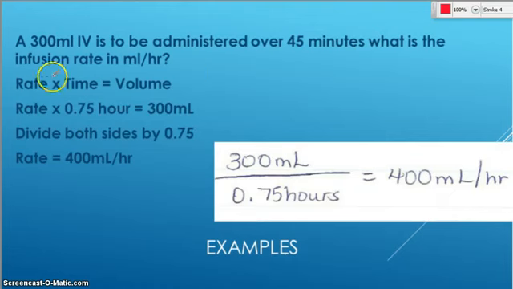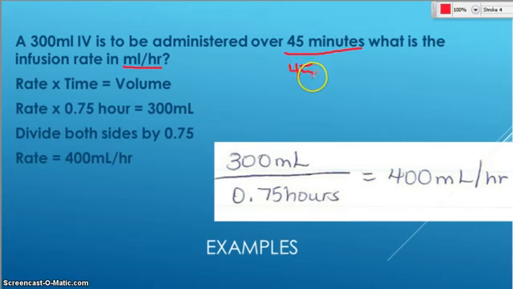Here's another one. We are looking again for the rate. Rate times time is volume. Make sure you notice that they're asking for the rate in milliliters per hour. So as we said before, we want to make sure that we use the same units of measure. So since it's hours, we have to change 45 minutes to hours. 45 minutes is 45 out of 60 minutes.